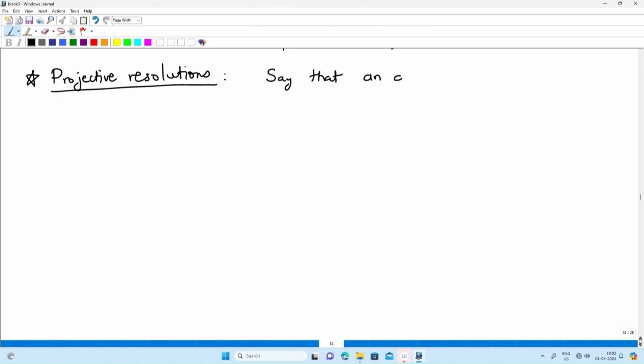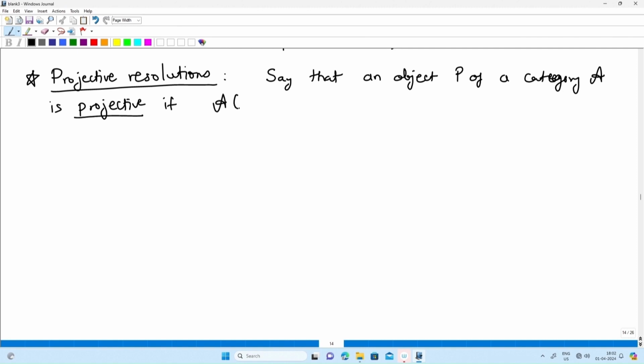Say that an object P of a category, I'm just going to use the notation A, is projective if AP blank preserves epimorphisms. I mean, of a locally small category, maybe I should say that.